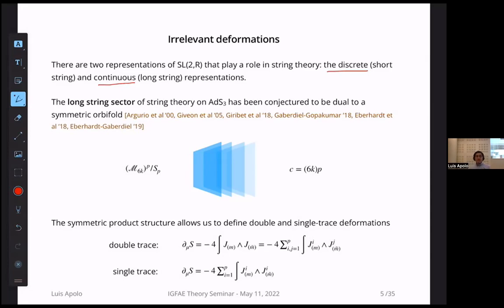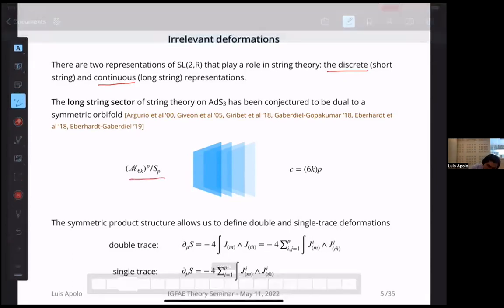And in the last few years, there has been a lot of development in trying to understand what the holographic dual of this theory is, a string theory in AdS3 with pure NS-NS flux. And the lesson that we've learned is that the long string sector of string theory seems to be dual to a symmetric orbifold. Okay, so here I've written down the symmetric orbifold.